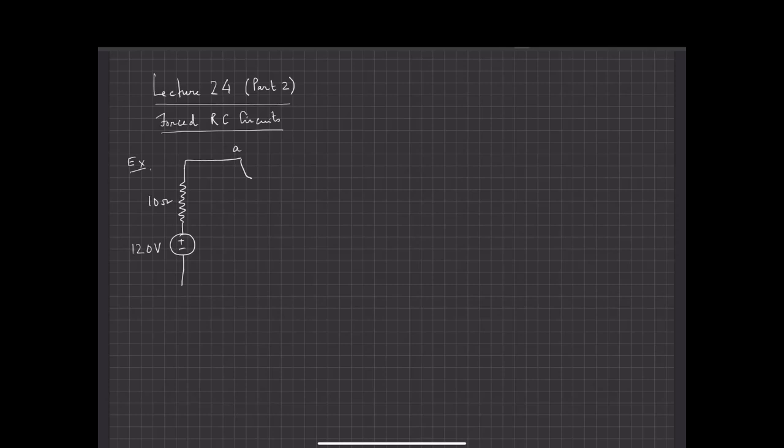Let me call this A and let me call this B. This goes from A to B at t equals 0. And this is a single pole double throw switch, which we are now familiar with from a previous lecture.